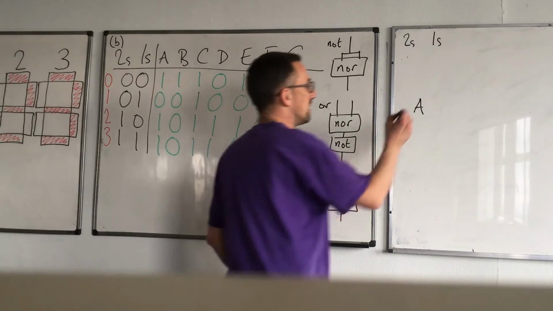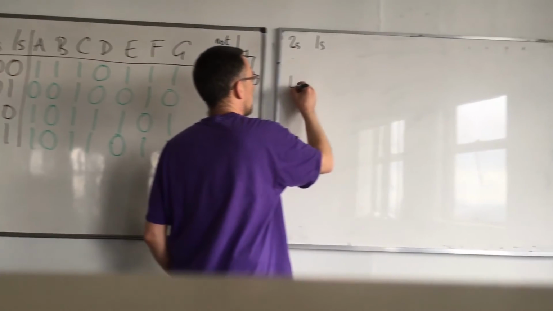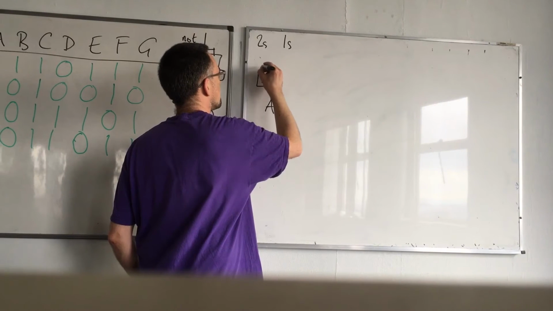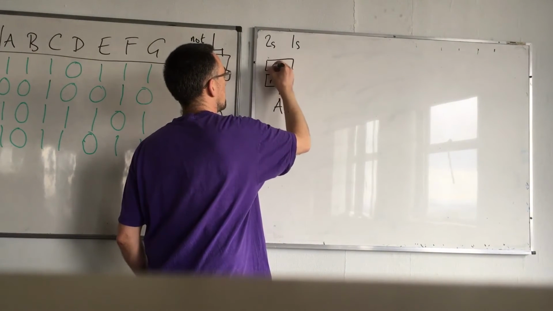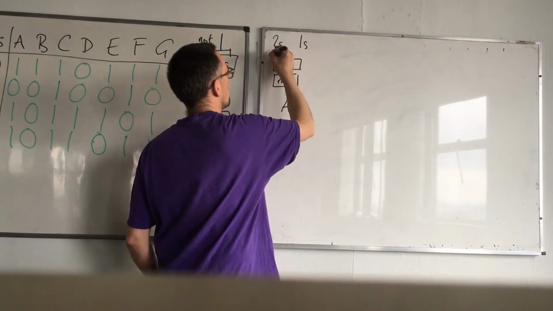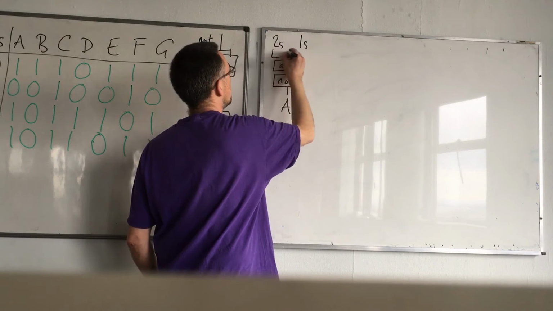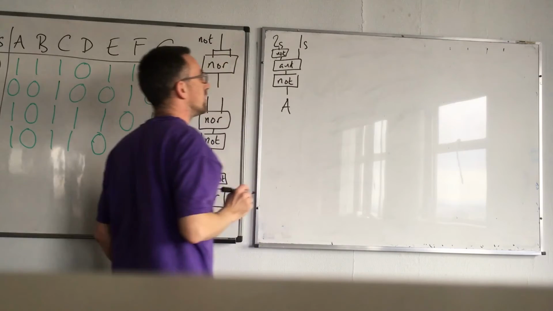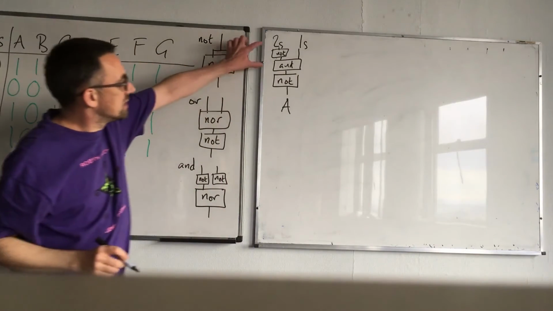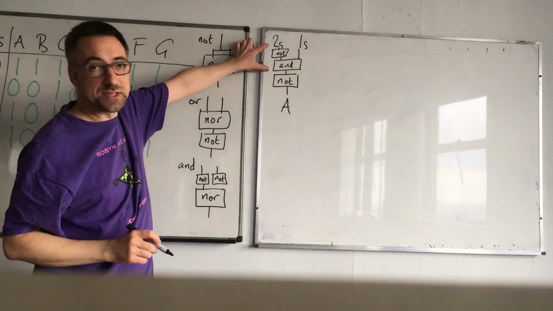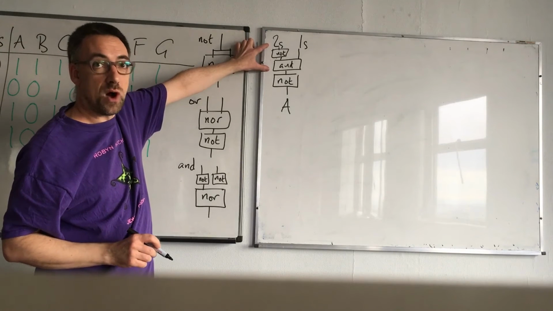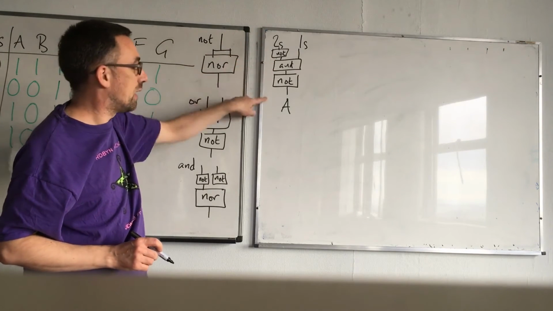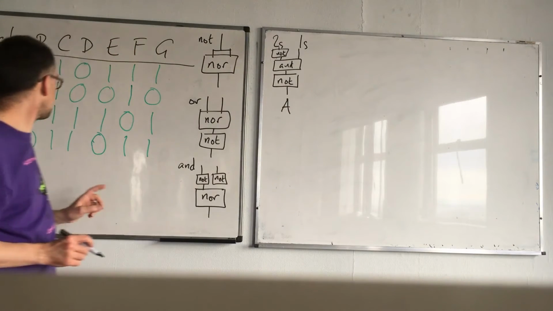So we can easily say that A is 1 when it is not the case that we have both 2s being 0 and 1s being 1. So this is a detector for the situation where we have 0, 1, and we're saying anything but that. So that will give us A.